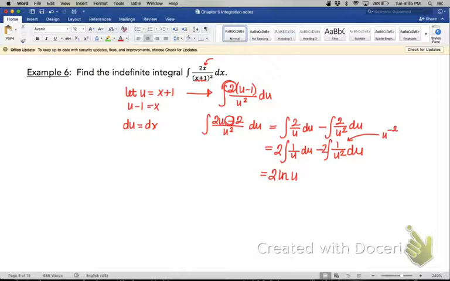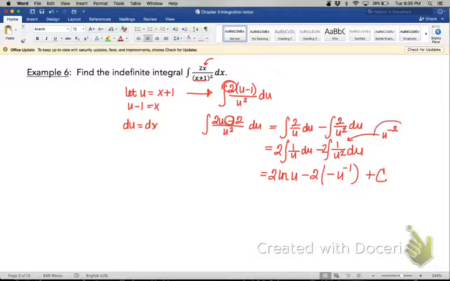So what this is going to come out to be then is negative 2 times, if I add 1 to negative 2, I get negative 1, and then I divide by negative 1, which is going to make this negative u to the negative 1 power, and this is all plus c.